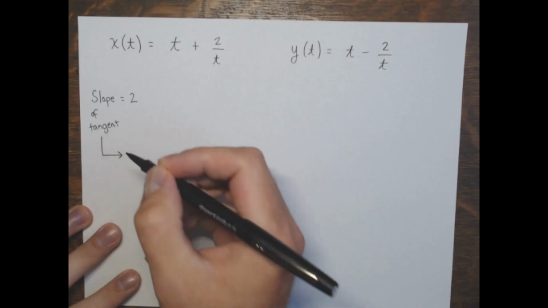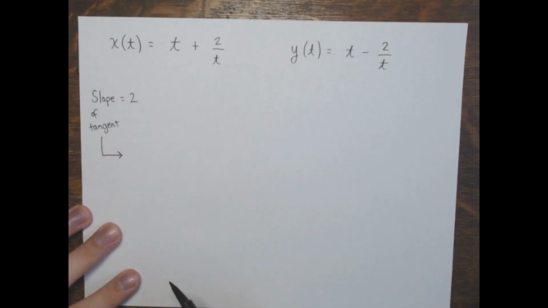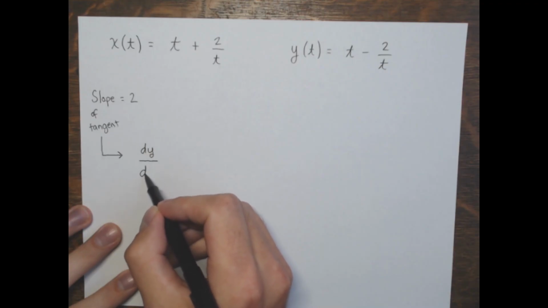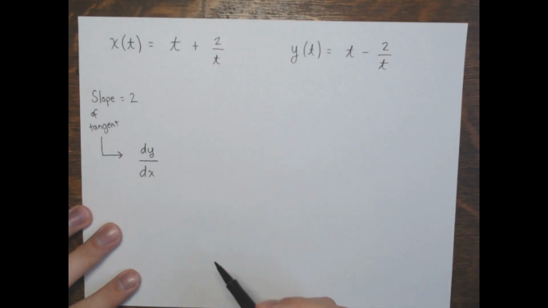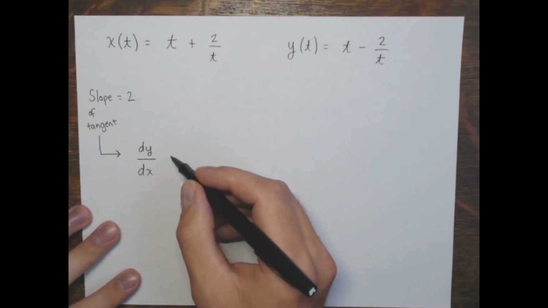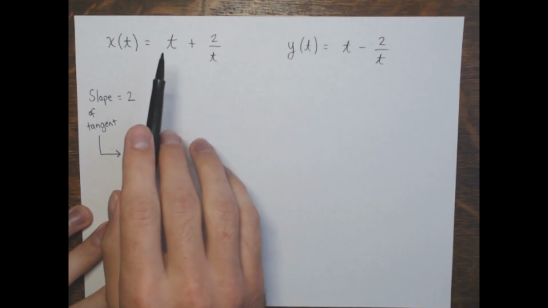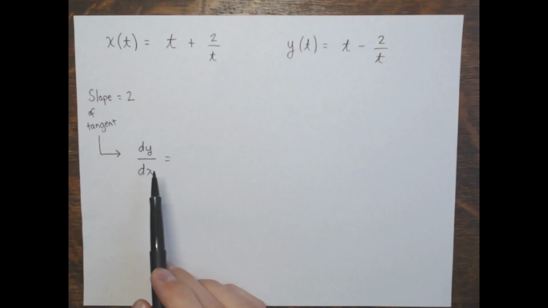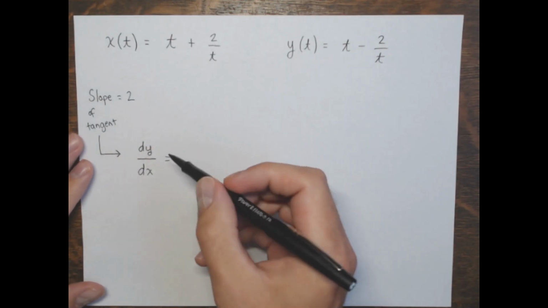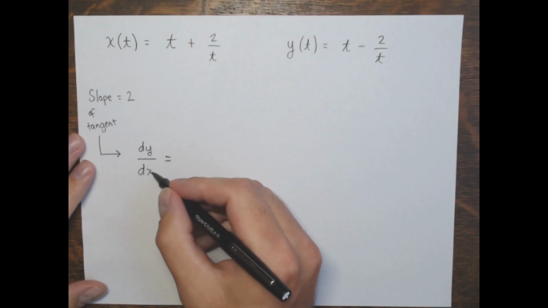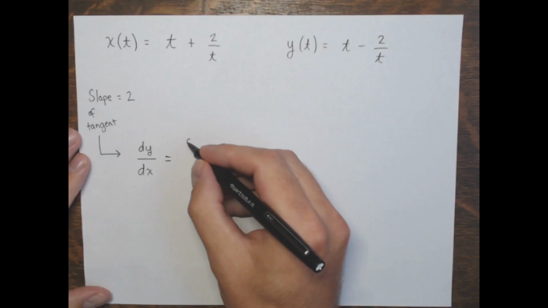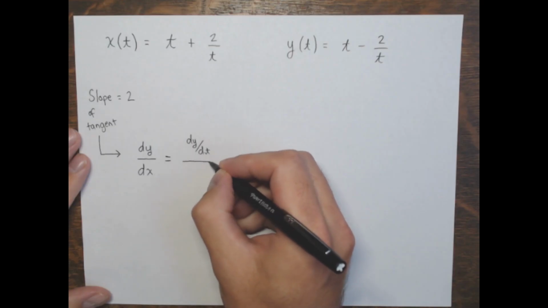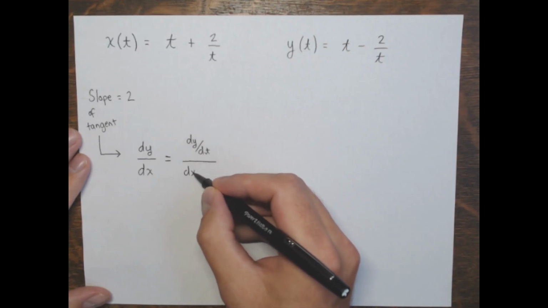Well, another way to write the slope of a tangent line to a curve is dy over dx. Hopefully you're familiar with this notation from calculus 1. And in parametric equations, the way that this can be calculated without eliminating the parameter, to keep t involved, is that dy over dx, the slope of a tangent line, is equivalent to dy over dt divided by dx over dt.